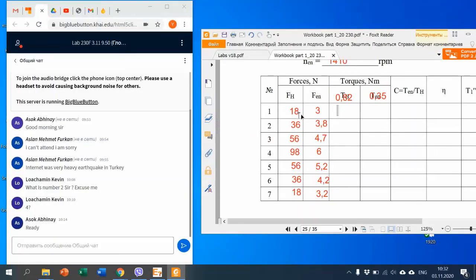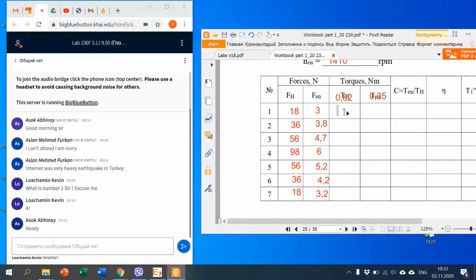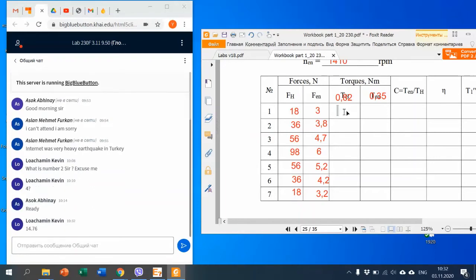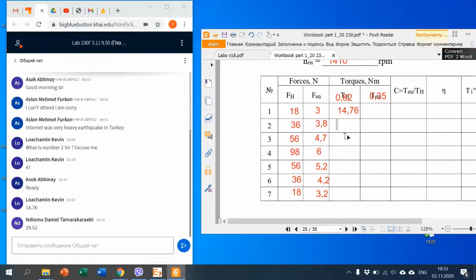18 times 0.82 is 14.76. Yes. Next, that is 6 times 15. Better if you write, because it's very difficult to hear. 29.52.